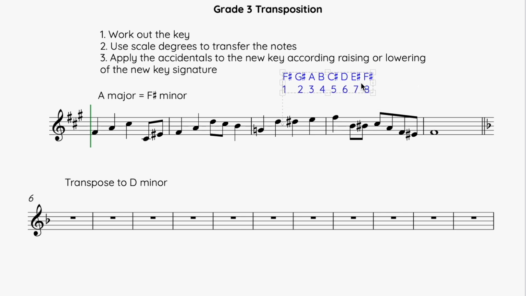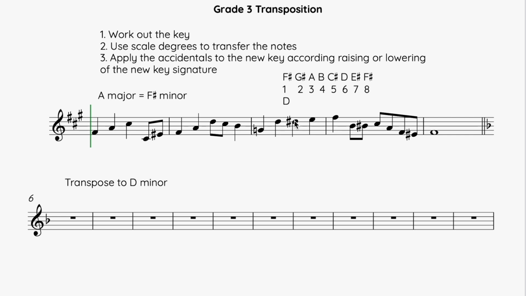Now, what we're going to do, we have to transpose this melody into D minor. So what's a really good thing to do is let's align the notes of F sharp minor with this new key that we're going to transpose to, D minor.